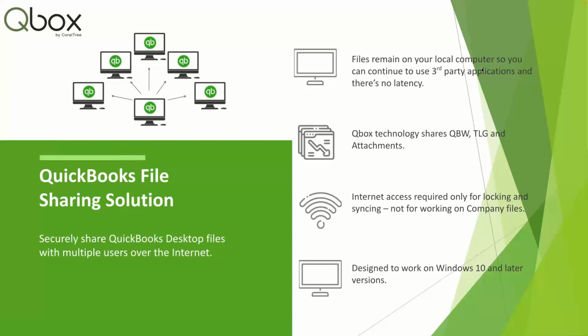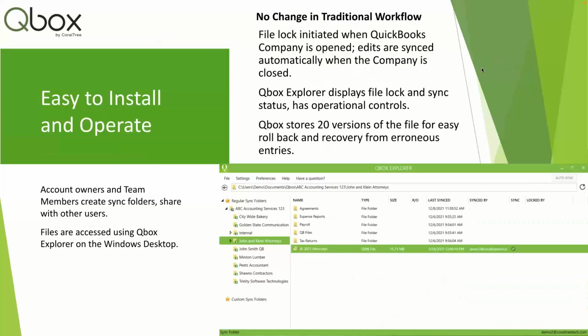The problem with using a file sharing app like Dropbox or ShareFile is that these are not designed to lock the files to disallow multiple users opening the same file at the same time and creating conflicted or duplicate copies. What QBox does, which is unique to any other file sharing app, is lock the files so people can work at their own time, in their own turn, and avoid having to move files back and forth and have duplicate versions of those files.